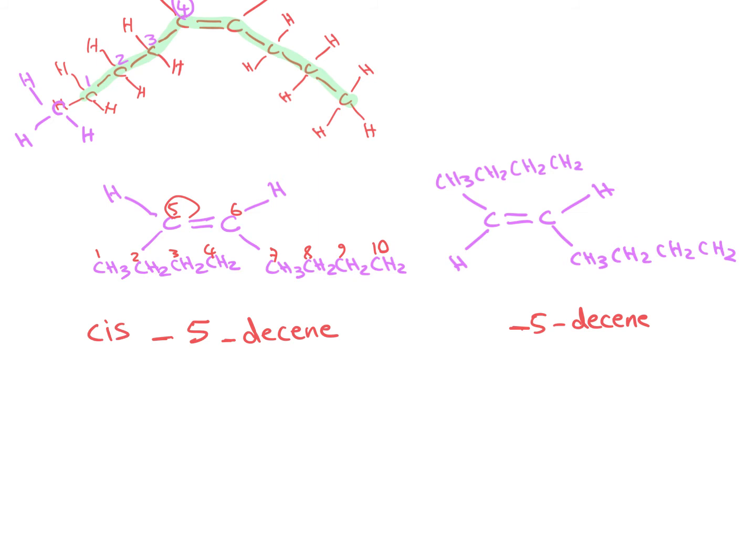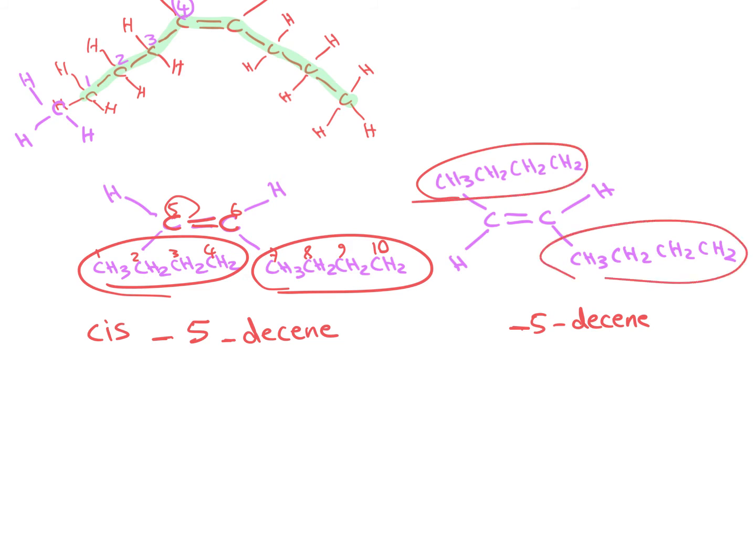This would be cis because these CH3, CH2, CH2, CH2 are on one side of this carbon-carbon double bond. This would be trans because these are on two different sides.